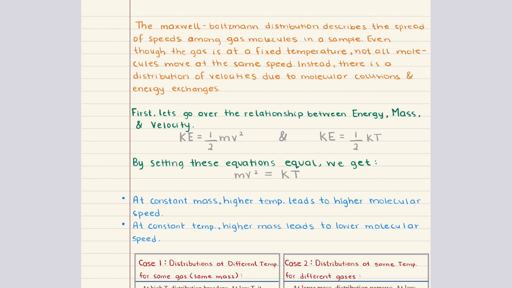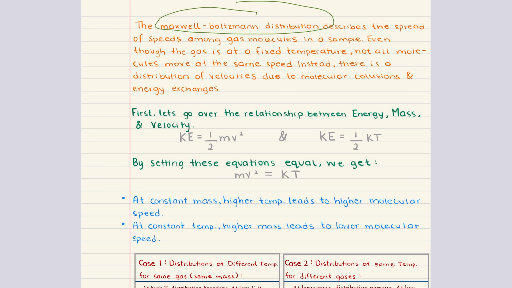And that brings us to the Maxwell-Boltzmann distribution, which describes the spread of speeds among gas molecules in a sample. Instead of all molecules moving at one uniform speed, they exhibit a distribution due to molecular collisions and energy exchanges.